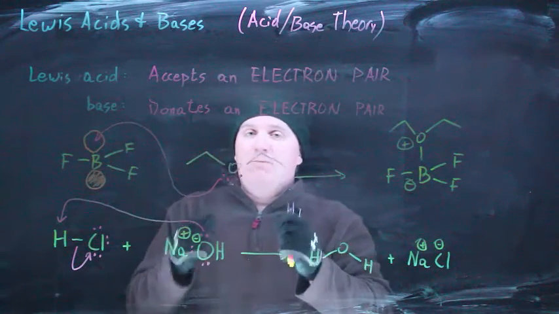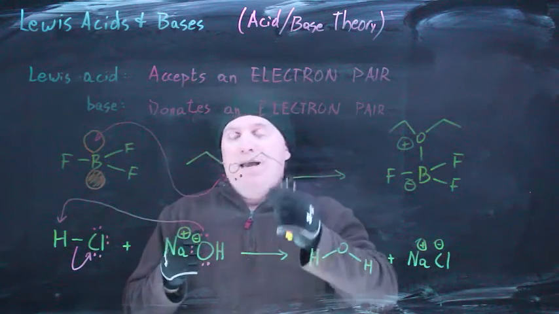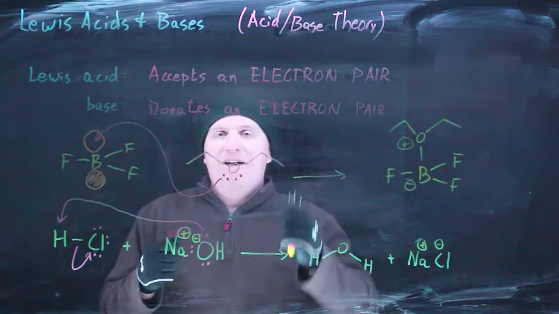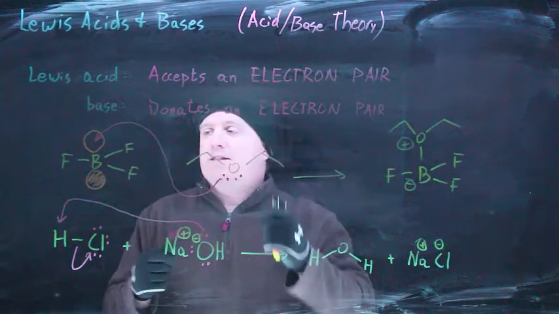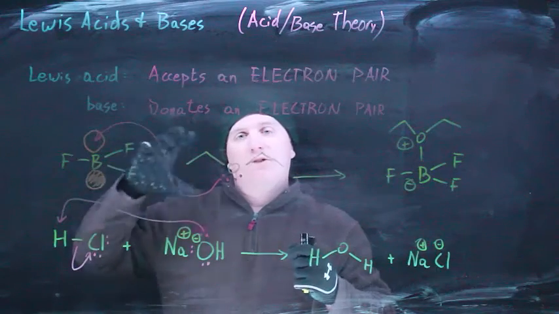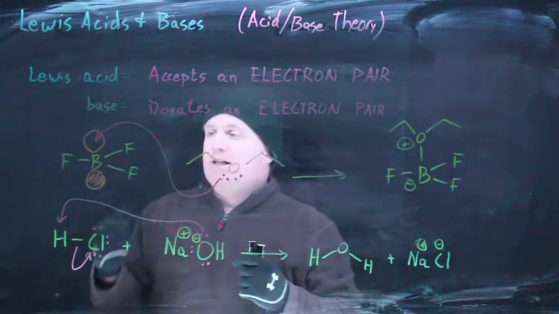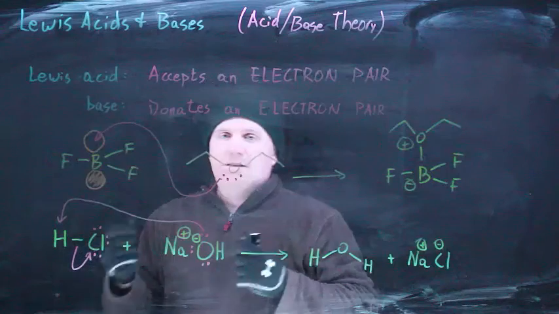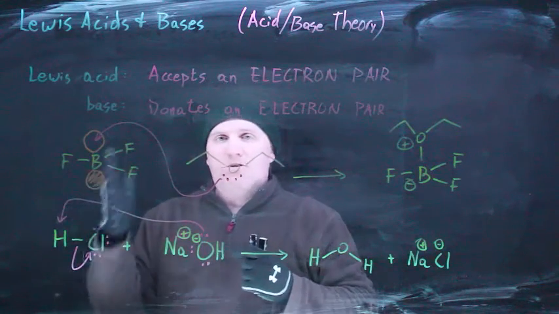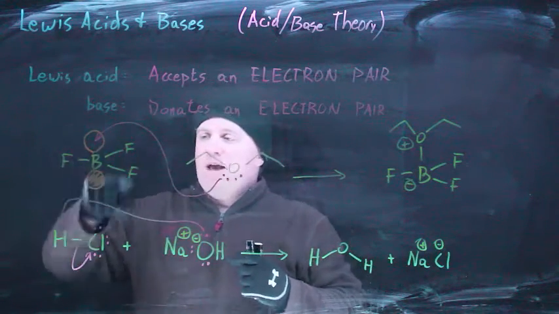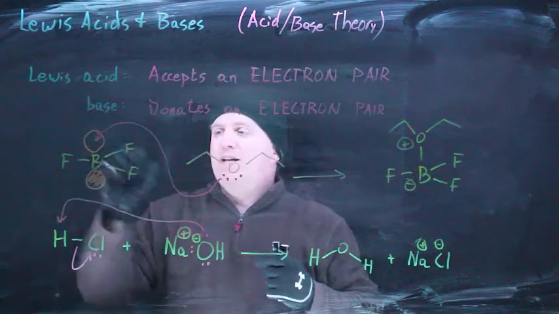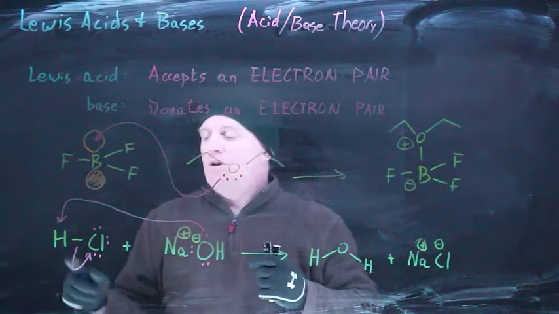Anything with a pair of electrons on it can be a base in the Lewis base sense. In other words, every nucleophile is a Lewis base. And anything with an empty orbital, or anything with a place where it can accept electrons, is a Lewis acid. Any acid is a Lewis acid, but any electrophile is also a Lewis acid. So it's just a means of expanding the definitions of acids and bases beyond protons.